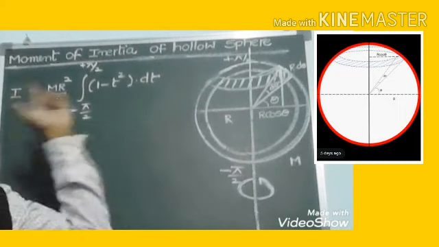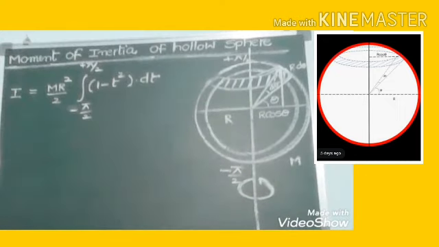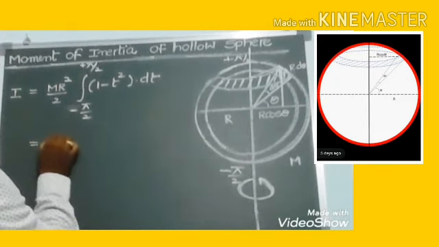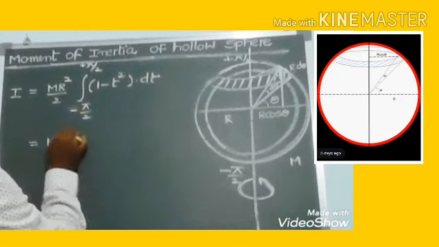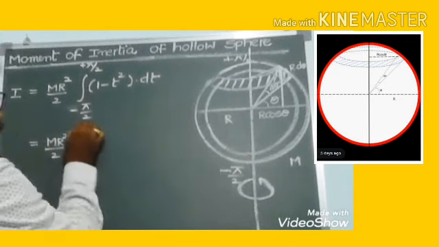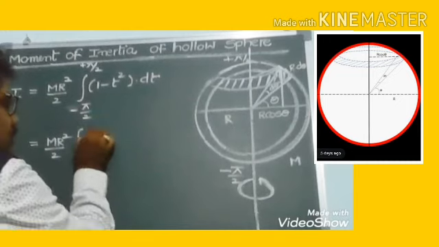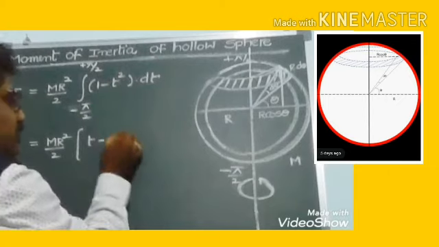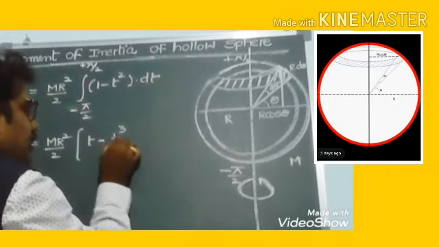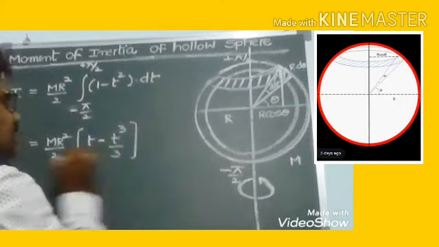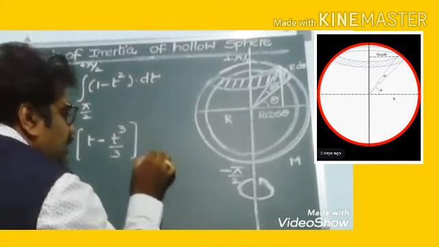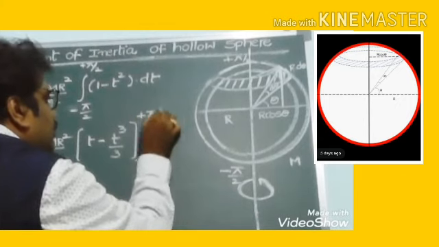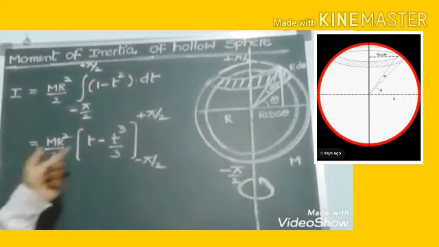So we are going to integrate with respect to t. mr square by 2 into, as part of integration, 1 into dt gives t, and t square gives t cube by 3, and the range is minus pi by 2 to plus pi by 2. t means nothing but sin theta.